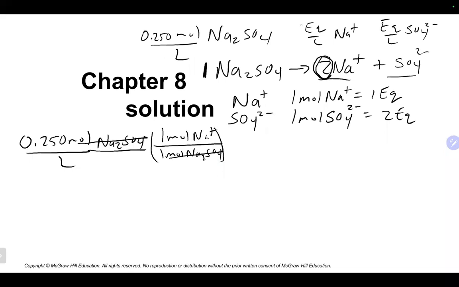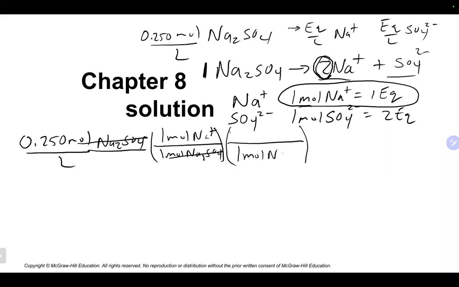That's close to what I want, but I want equivalents per liter, right? So I could do one more conversion using our equivalents per mole. For every 1 mole of sodium ions, there is one equivalent of sodium. I'm sorry, that should be a 2, right?